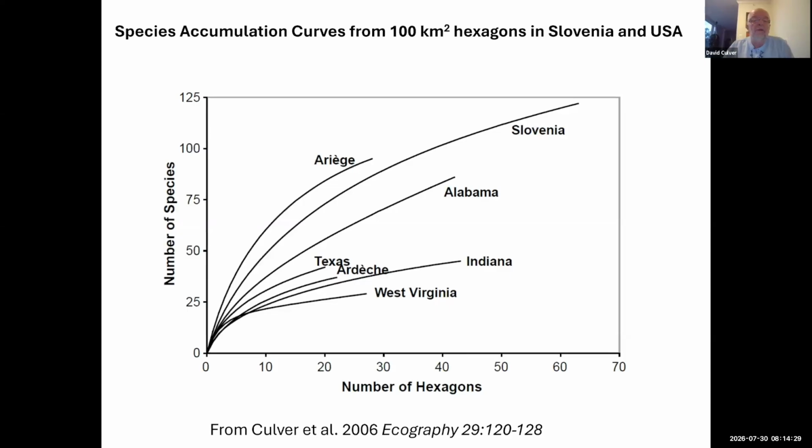I don't need to go to all of this trouble to know that Ariège is the richest site, because I can learn this from a relatively small number of samples. So this idea that curves don't cross, except for West Virginia, and I have no idea why it's an anomaly here. It just is. With a lot less work, we can figure out who's the richest and so on.